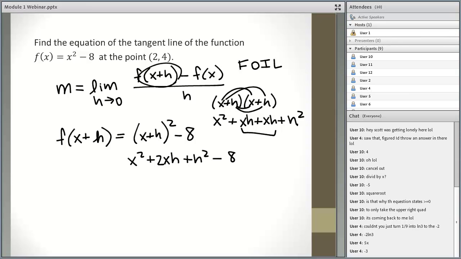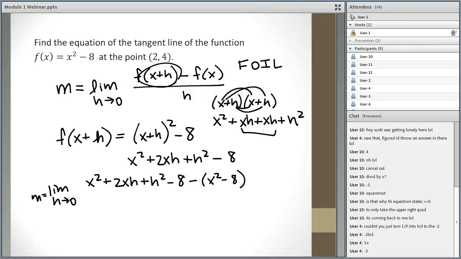So we have the slope is the limit as h approaches 0. F of x plus h we just found is x squared plus 2xh plus h squared minus 8. We just found that. And then minus f of x, so minus our original function.